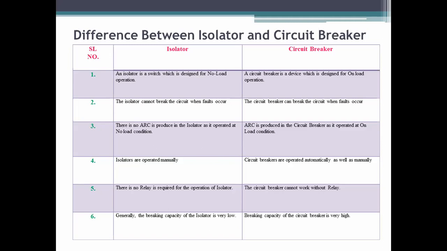Likewise for isolators also, if the fault occurs, this isolator cannot operate. Okay. Then for circuit breakers, if the fault is occurring, then circuit breaker automatically disconnects the circuit. That is the advantage of the circuit breaker over isolator.